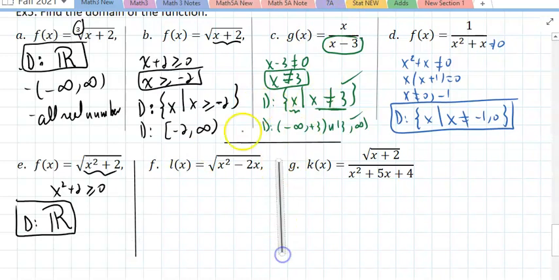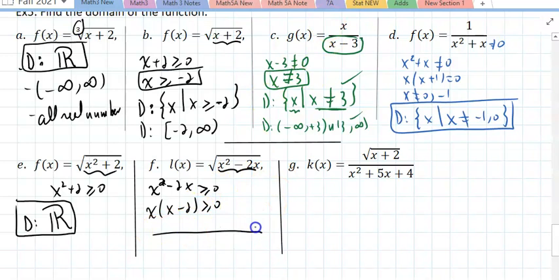And if I come across an even index radical with a quadratic, I set that to be bigger than or equal to 0. We just did that in the previous section. Remember, we have to make, for now, the number line, 0, 2, pick a point to the left of 0, say -1. Negative times a negative is a positive.